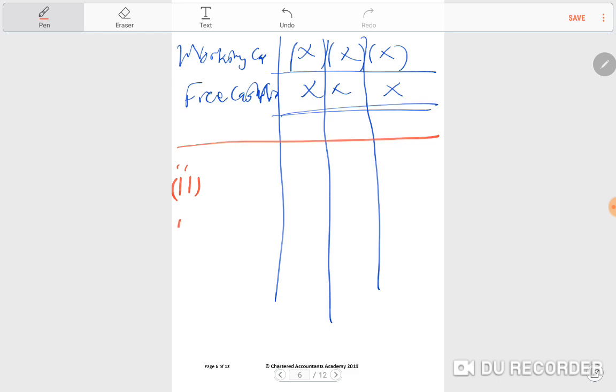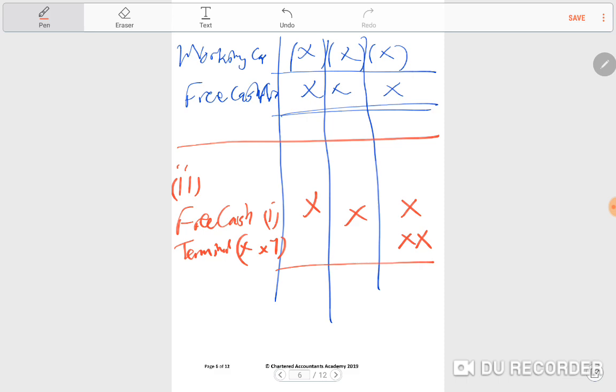So the second required, we just start extending from the free cash flow is per 1, and there were x. And then our terminal value, we say it's going to be x multiplied by 7, right? And then we put our terminal value here. Is there any other adjustment?